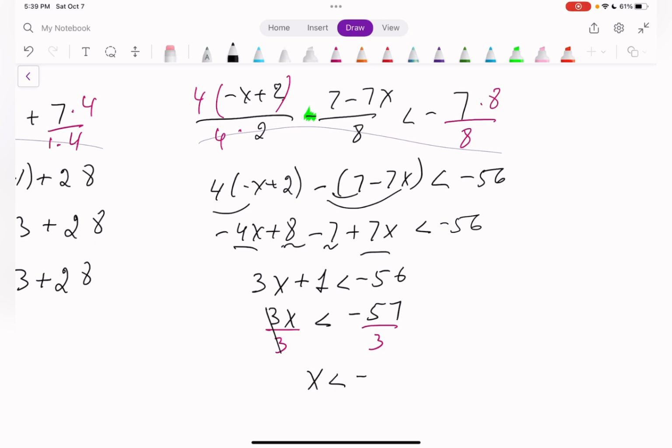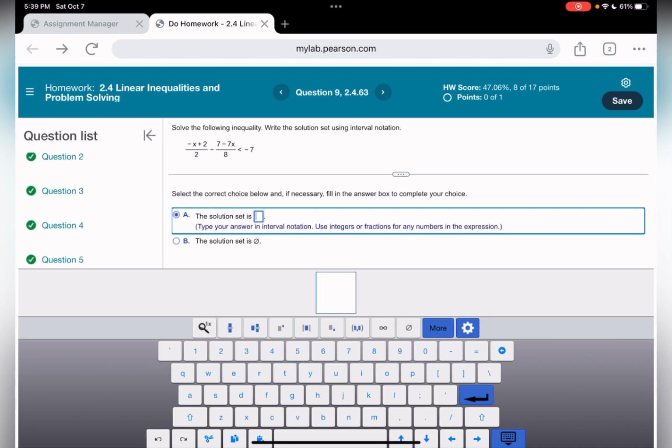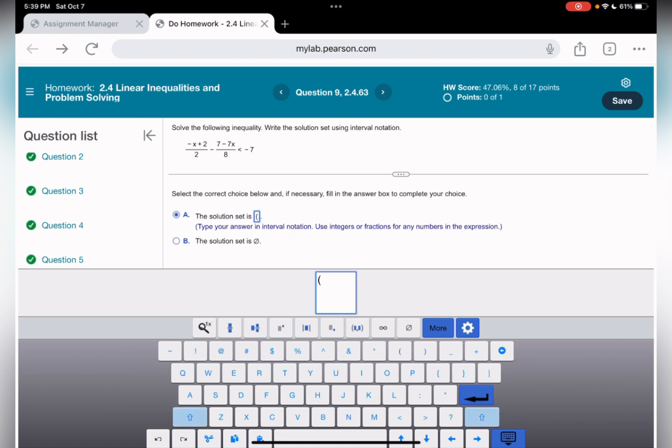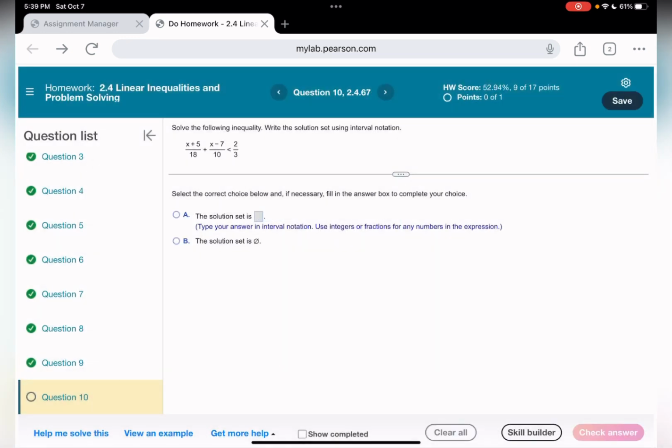It's supposed to be 19, 27, yes, 19, negative 19. x is less than negative 19, which means negative infinity to negative 19, both parentheses. Okay. Negative infinity, negative 19.